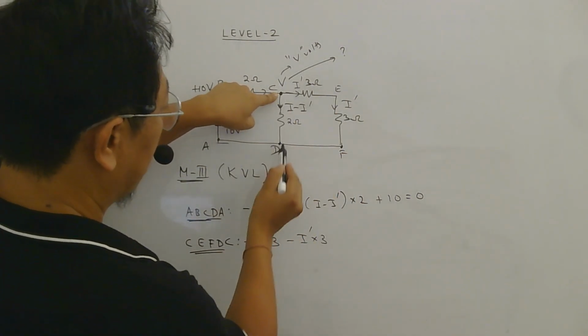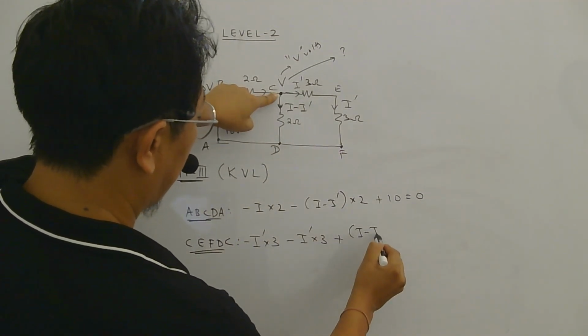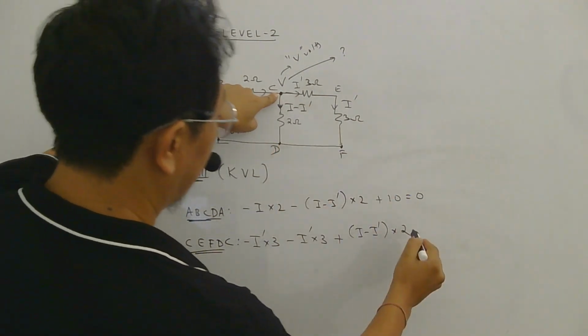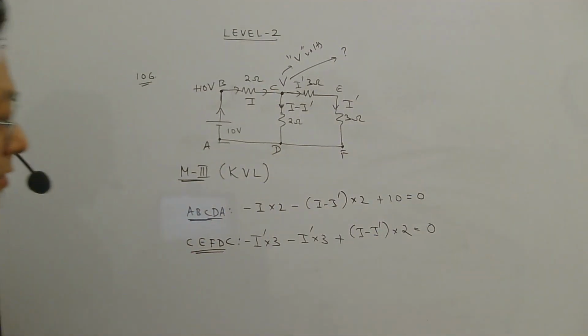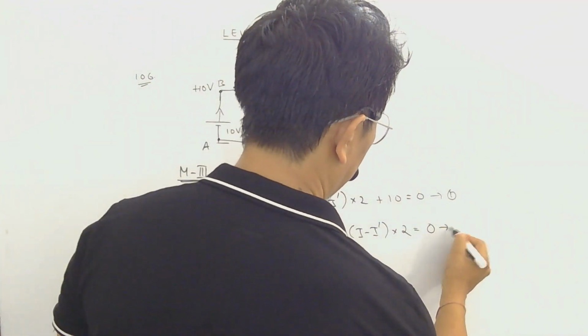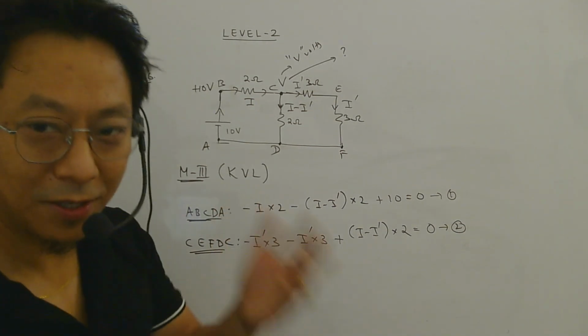Here I am going against the current, so rise, plus I minus I dash into 2. Once you reach the starting point, the algebraic sum should be 0. So this is your equation 1 and this is your equation 2. You can solve these two equations and you will get the same answer.